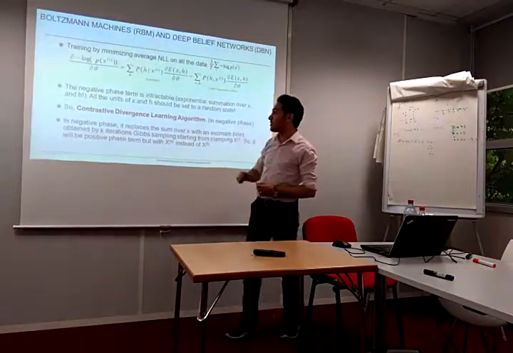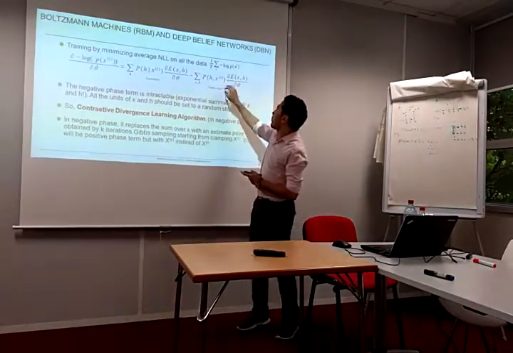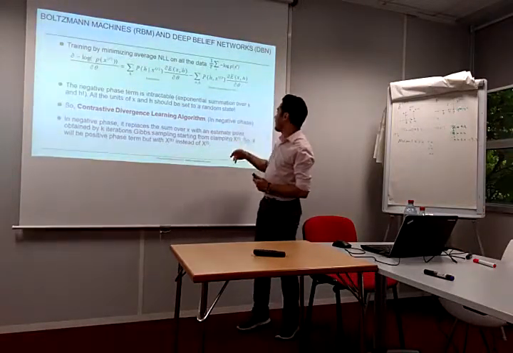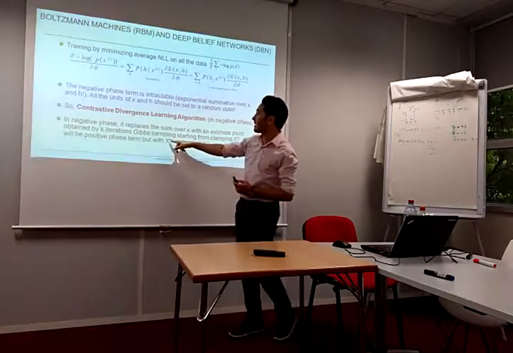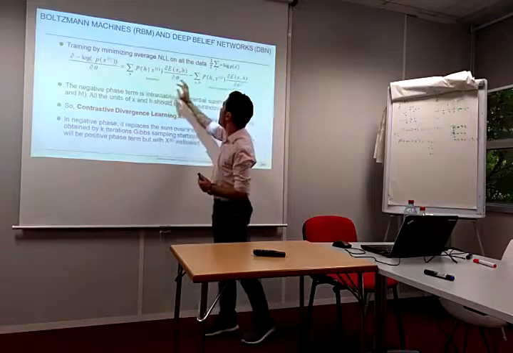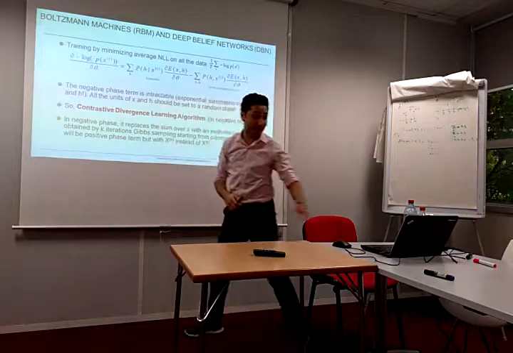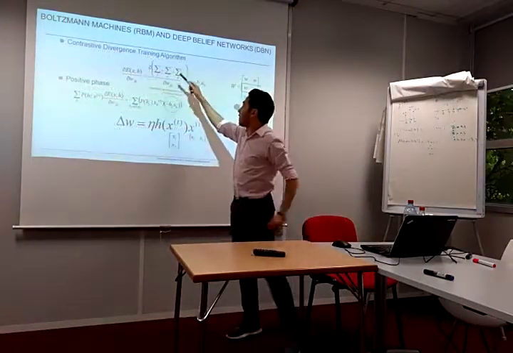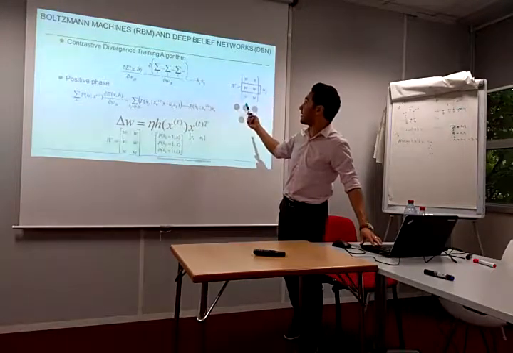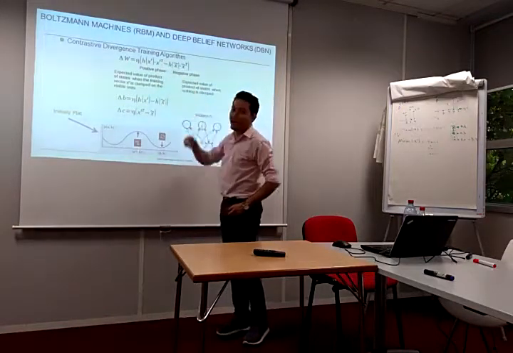So it will be the positive phase term, but with xk instead of xt. We put xt and obtain some value called the negative term xk, and we will treat this term as if it is exactly the positive term, but at x prime, or x dash, instead of xt. We have evaluated the positive term, so we repeat it for the negative term, but instead of xt, the training sample, we put x prime.